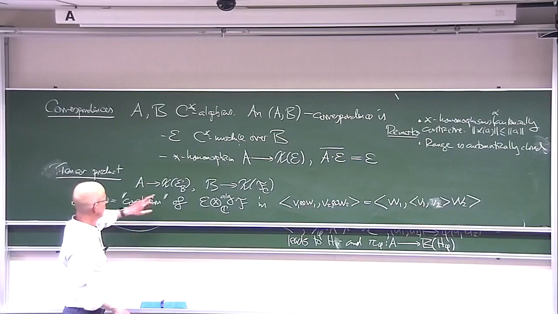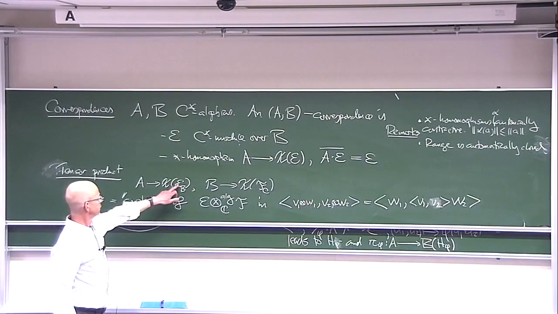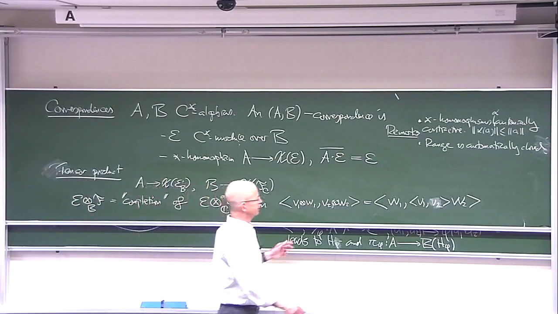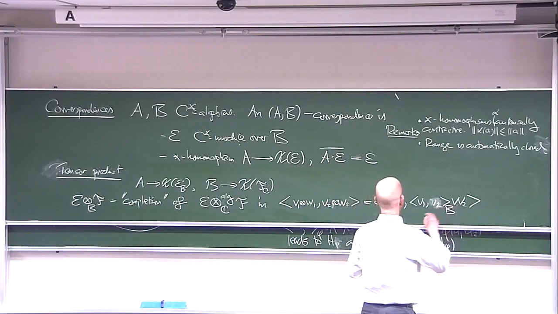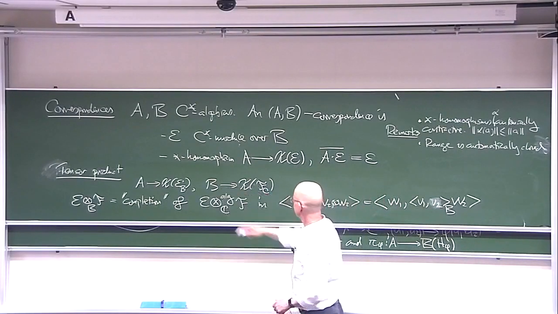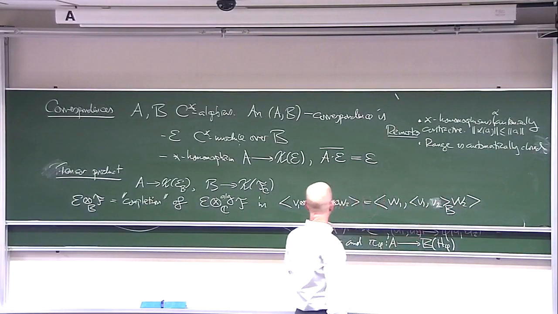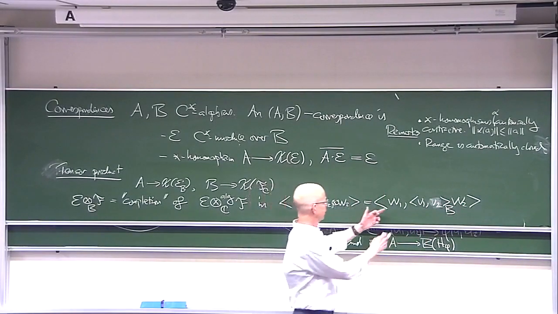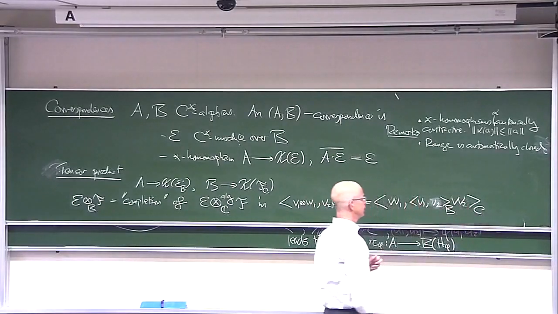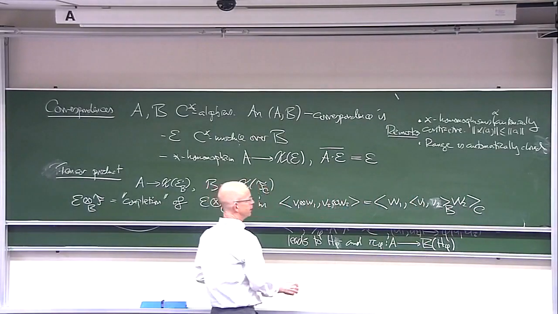If I take two elements of the module E and take their inner product, then it will be something in B. But F carries the left action of B, so I can multiply that thing in B against this W2 and get another element of F. And I can take their inner product, which is a C-valued inner product, and get something in C.